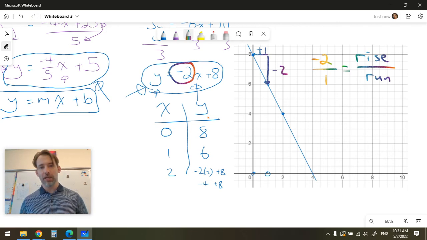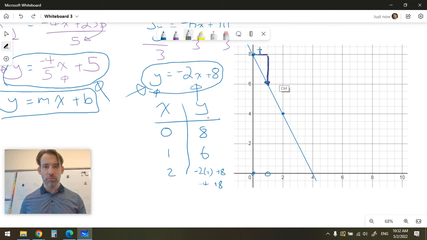So that's how we can, after graphing the y-intercept, which is this number, that's where it touched the y-axis, at 8. Then we graphed the rise, which is negative 2, and the run, which is 1. And that's how you can get your 2 points to graph these lines rather quickly.